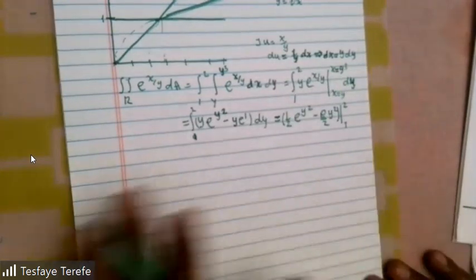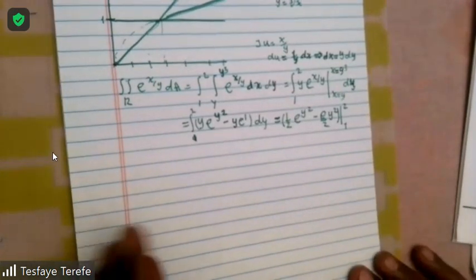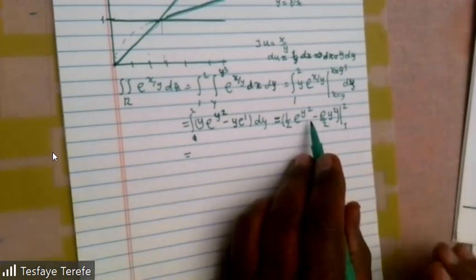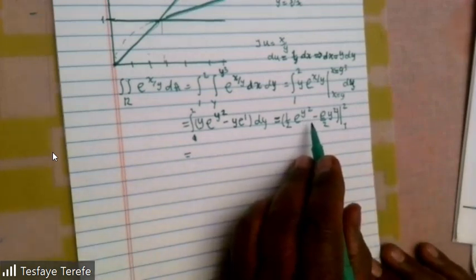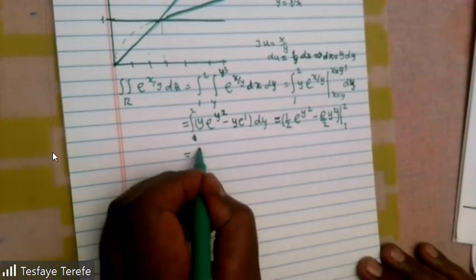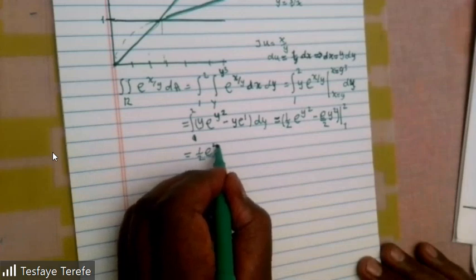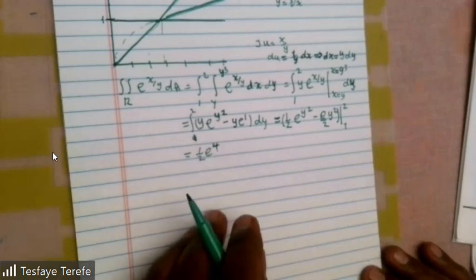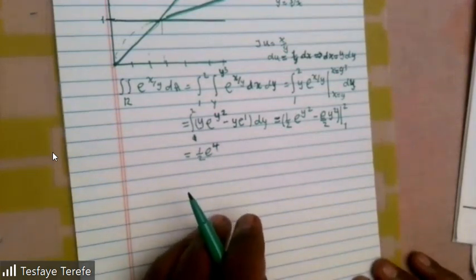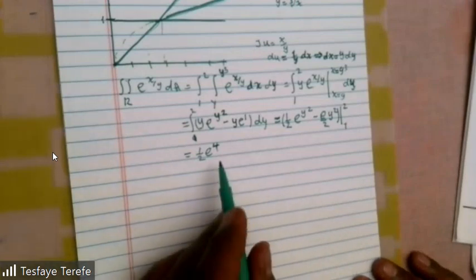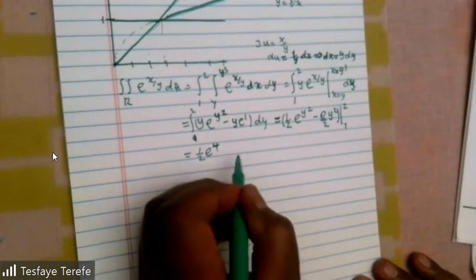Okay, once we have this, we are settled, and then let us evaluate it. When it is 2, 2 squared is 4, so we have 1/2 e to the 4th power. This is a number, guys. I don't want you to get confused because it is raised to some number. Just like 2 to the 4th power, e to the 4th power is a number.